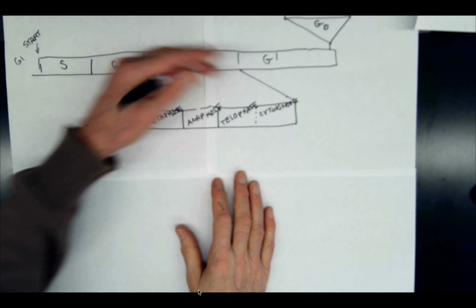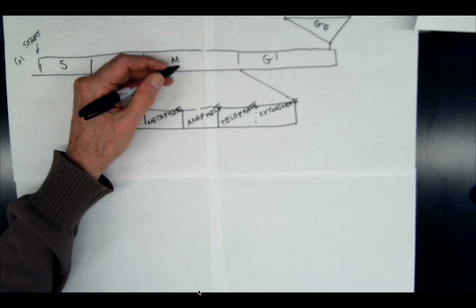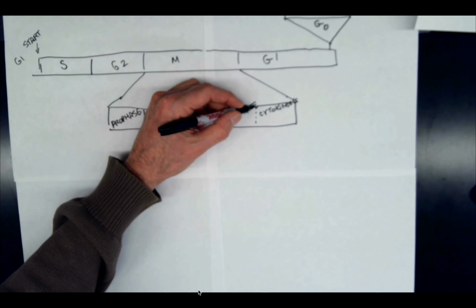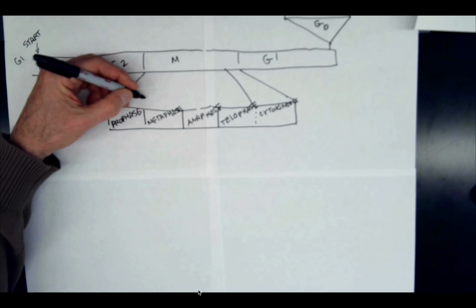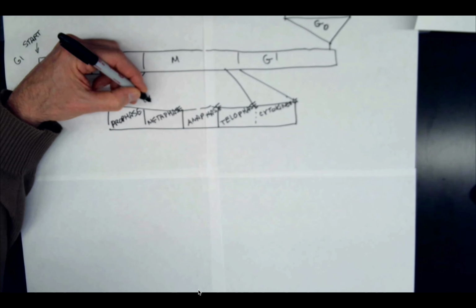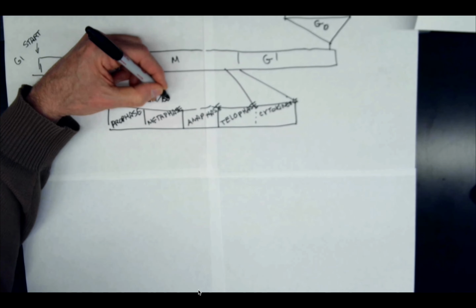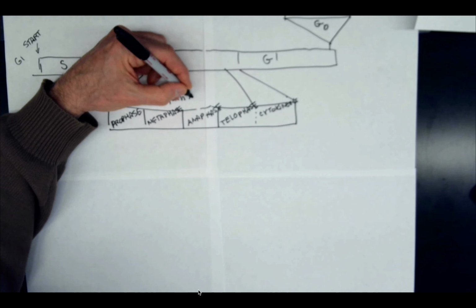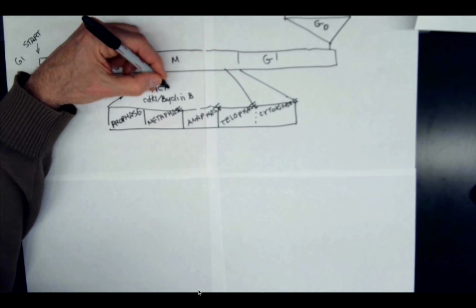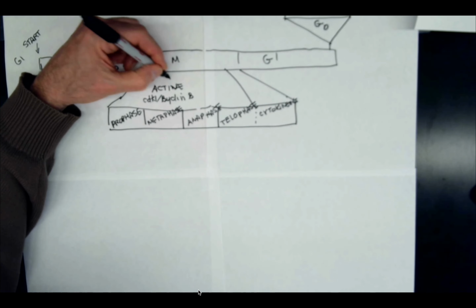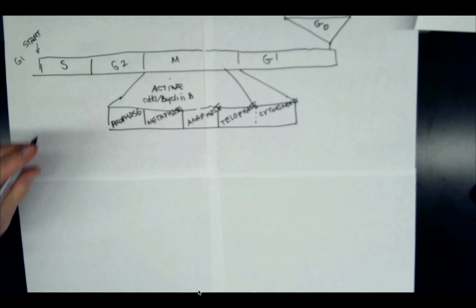People put them together, and put cytokinesis in as just part of M phase. But mitosis, M phase, really is this first part. And the reason that's significant is because that's when CDK1 and cyclin B are active. And that's what that means. Okay, so we want to get that in there.